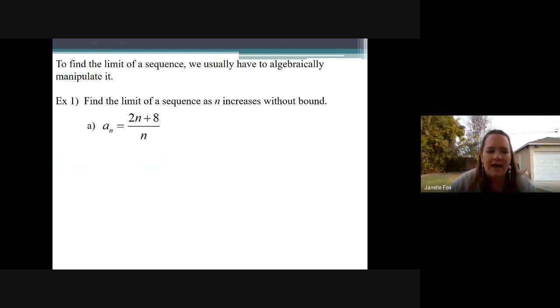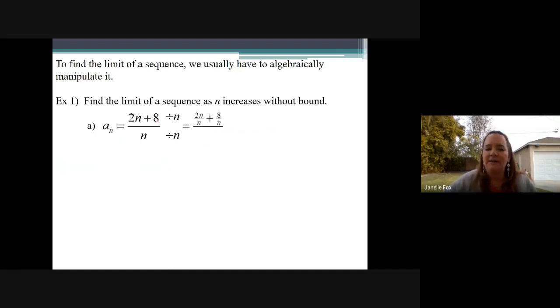One way to do that algebraically is to divide both the top and bottom by n. Now, that is totally legit, right, guys? You can do the same thing on the top and the bottom of a fraction, as long as it's equal opportunity, as long as you're doing the same thing to both of them. So let's take every term on the top and divide by n, and every term on the bottom, which there's only one, and divide by n.